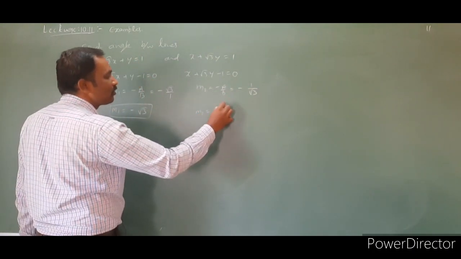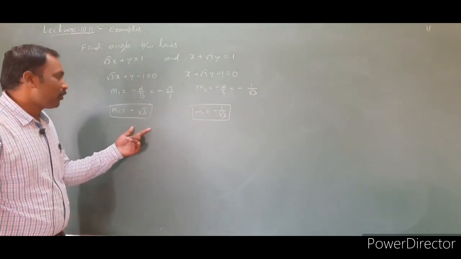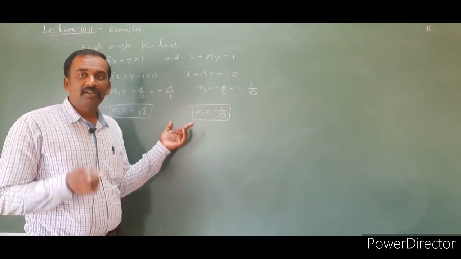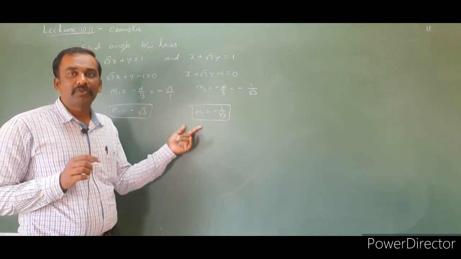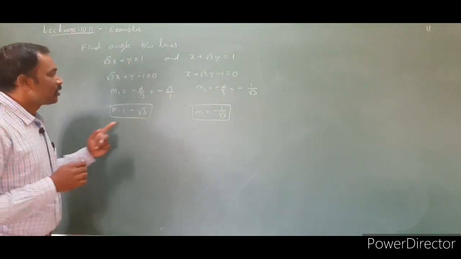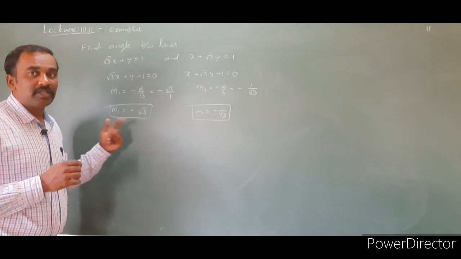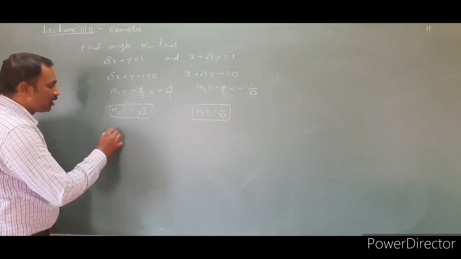So m2 is equal to minus 1 divided by root 3. Check it: is the product of these two values minus 1? If the product is minus 1, then the given lines are mutually perpendicular to each other. Here the product is not minus 1, we get plus 1.